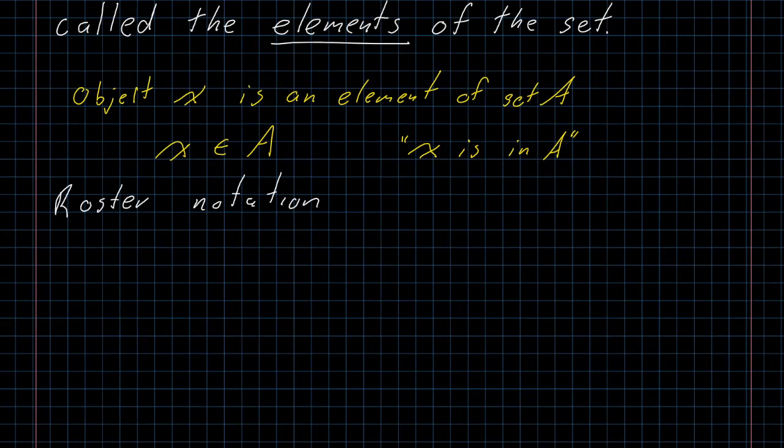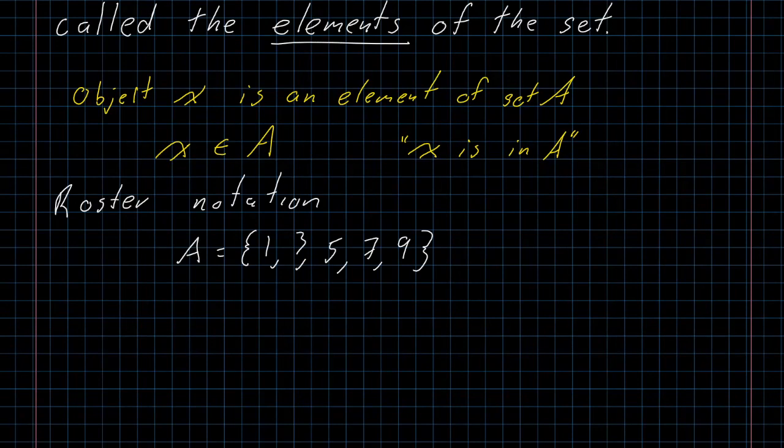When it comes to talking about sets, the simplest way of dealing with that is what's known as roster notation. So if I have a set here, I'll call A, and let's say that set A is the single digit odd numbers, 1, 3, 5, 7, and 9.